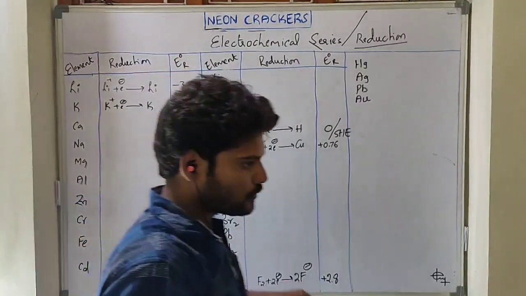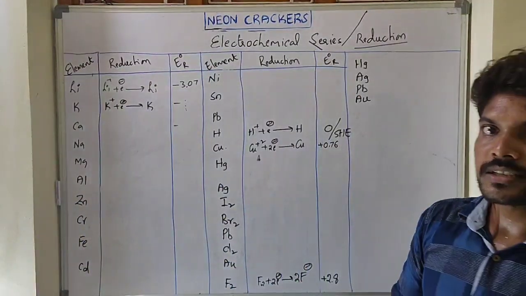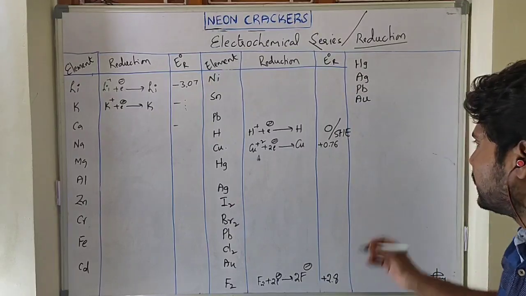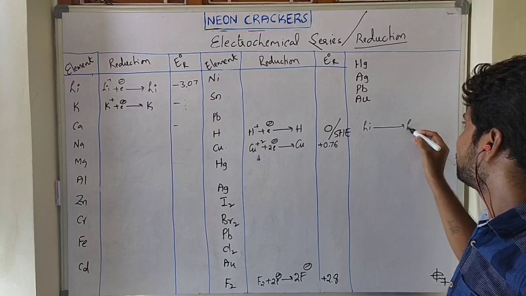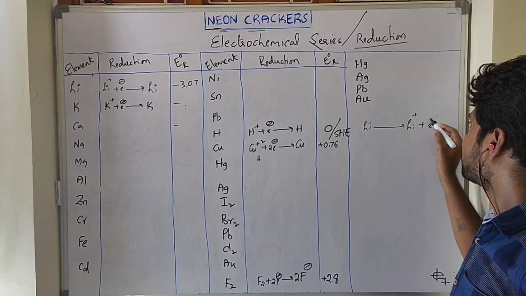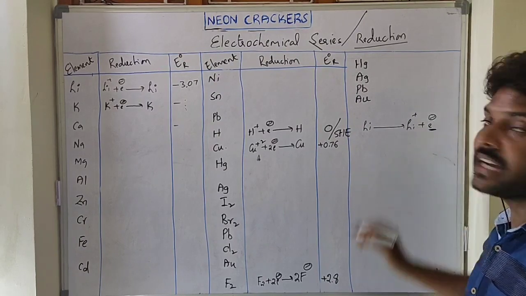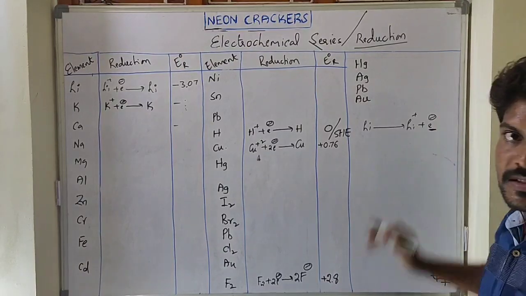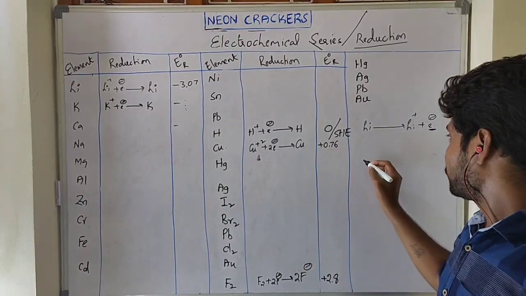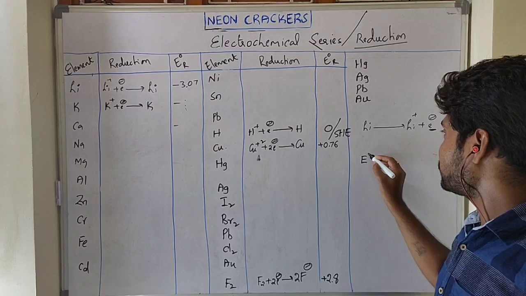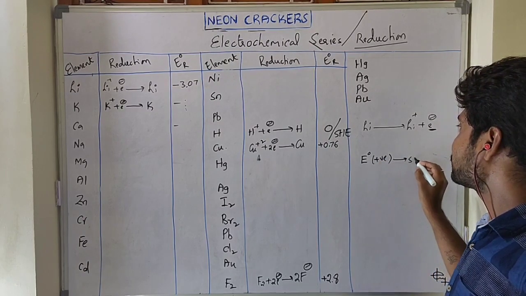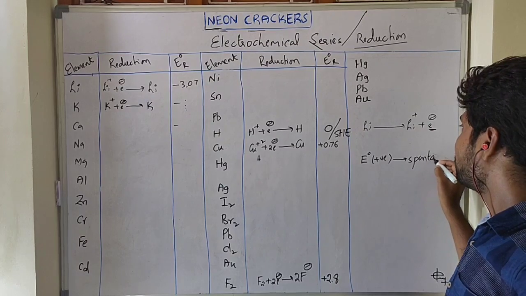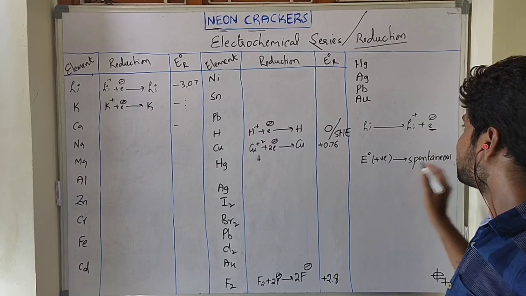And now why is it a negative value? You know already, first group elements are the strongest reducing agents, and they liberate electrons easily. Suppose lithium converts to lithium plus to get nearest to the noble gas configuration by removing electrons. This is a spontaneous reaction. If the electrode potential is positive, then the reaction is said to be spontaneous because it produces electricity.